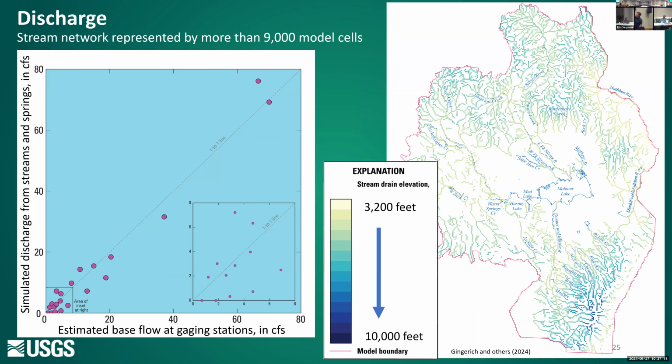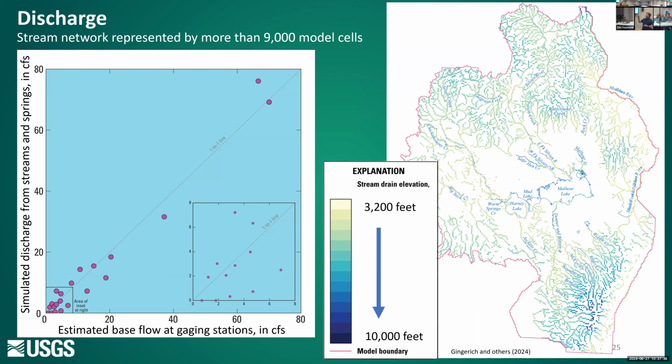So there's a line up the middle that's kind of a one-to-one line. So if we matched everything perfectly, all those dots would fall right on that one-to-one line, it'd be a perfect fit. Now that's pretty much not possible to get to, but we have a pretty good fit up through all the different streams. The top two represent the gauges on the lower Sylvies River and the Donner Blitzen River.